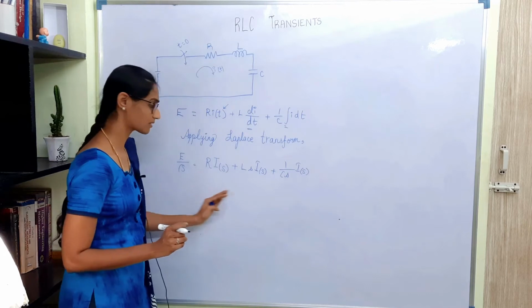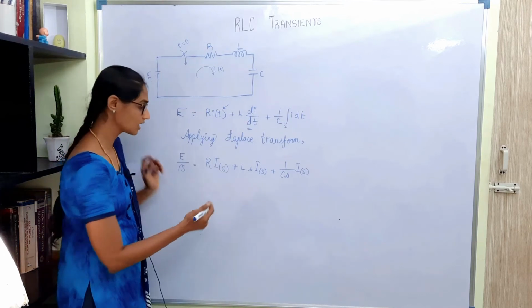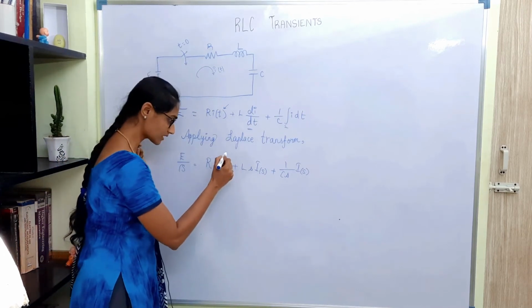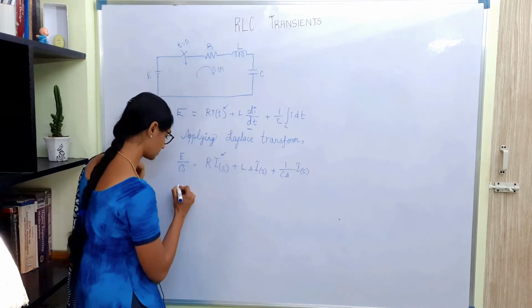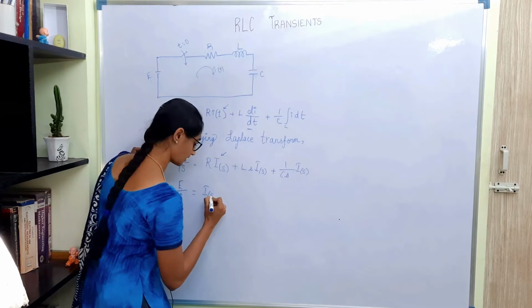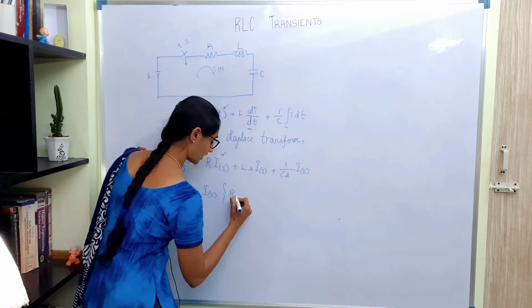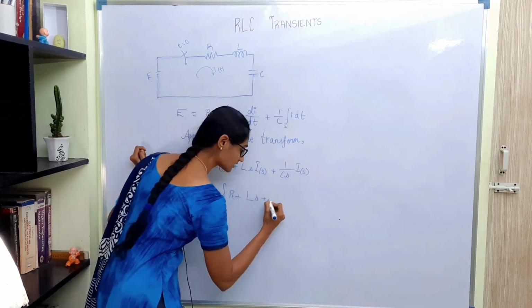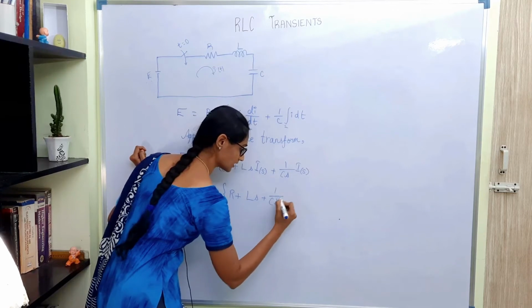Okay, so this is the Laplace transform equation that we have got. I'm just taking I of S common. So you will be getting E by S equals I of S into R plus LS plus 1 by CS.